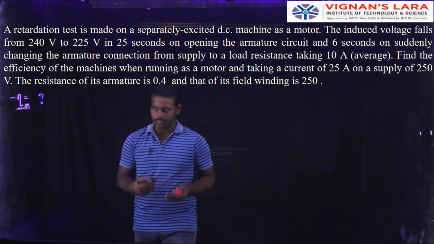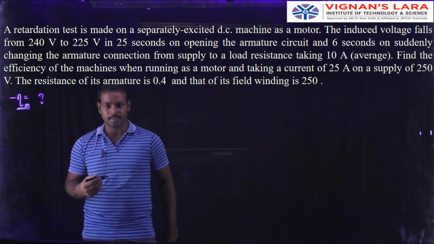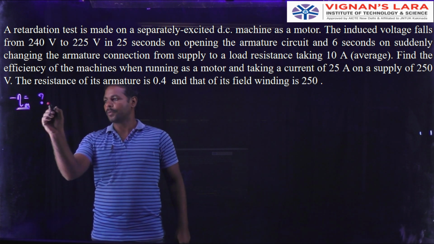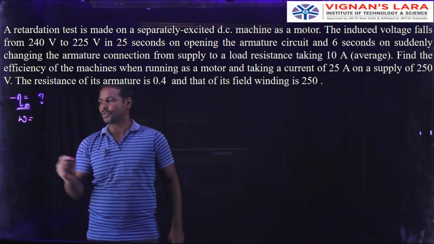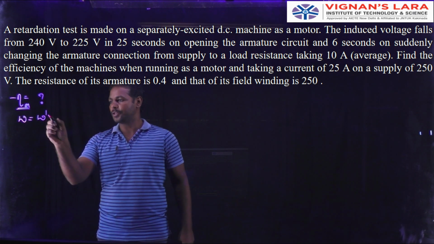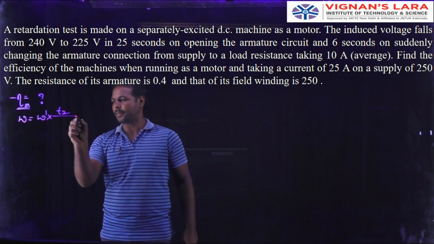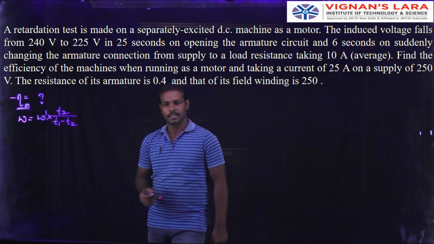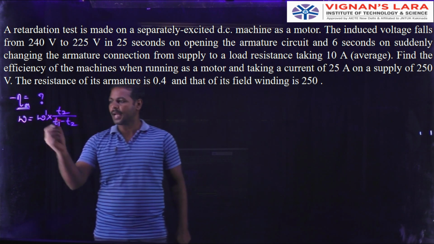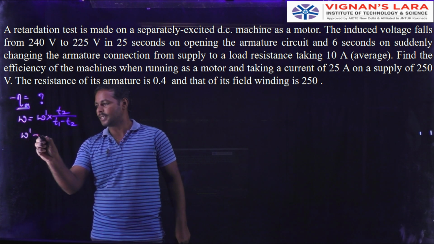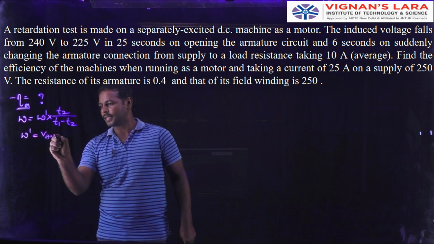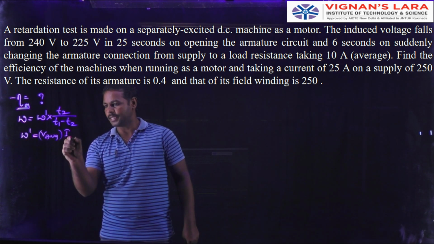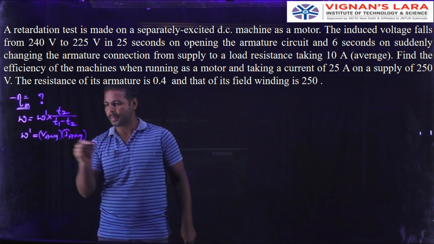Stray losses: W is equal to W dash multiplied by T2 divided by T1 minus T2. In this, W dash is equal to V average into I average.